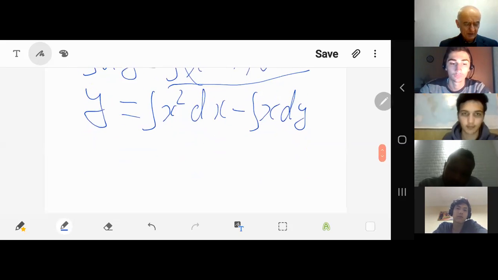Now I will continue: y equals, and I will use again the formula for the integral of a power function.